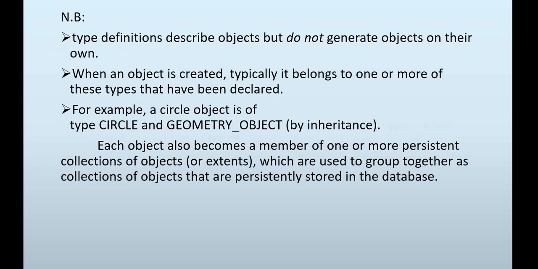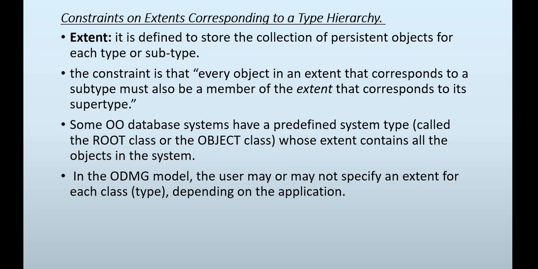Alright, let us move on. Constraint on extent corresponding to a type hierarchy. An extent is defined to store a collection of persistent objects for each type or subtype. The constraint here is that every object in an extent that corresponds to a subtype must also be a member of the extent that corresponds to its supertype.